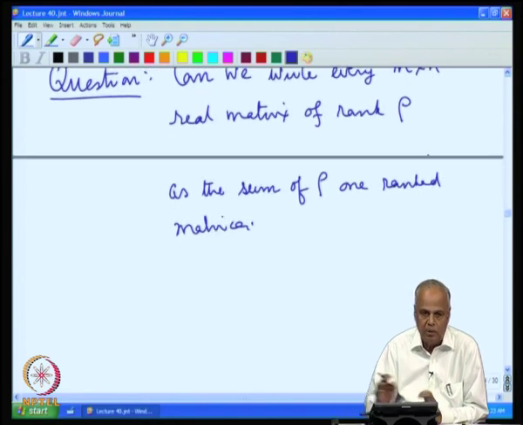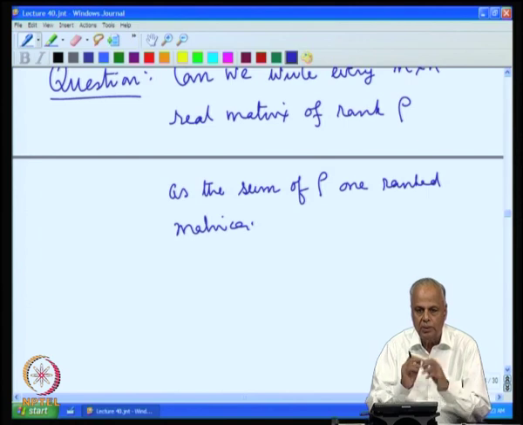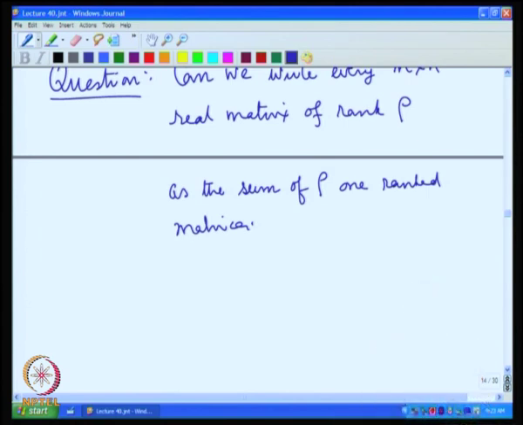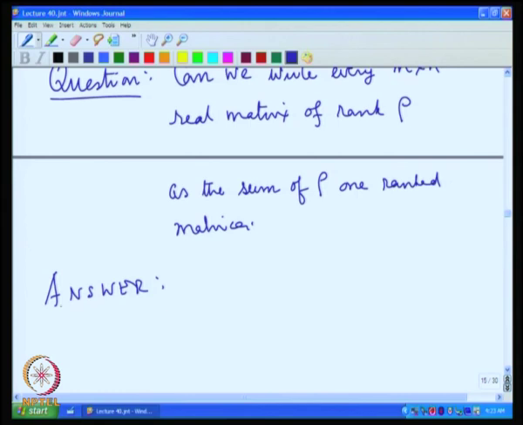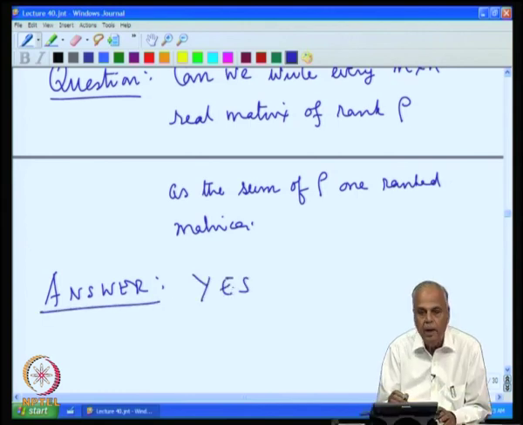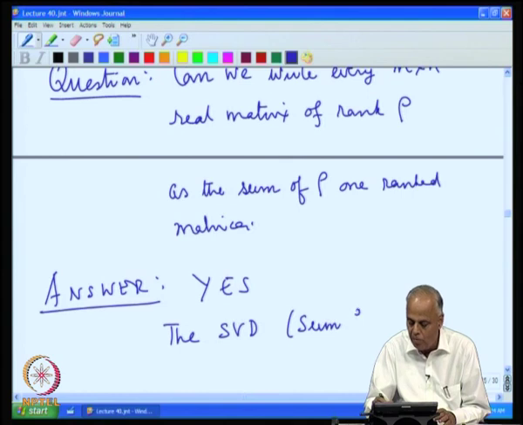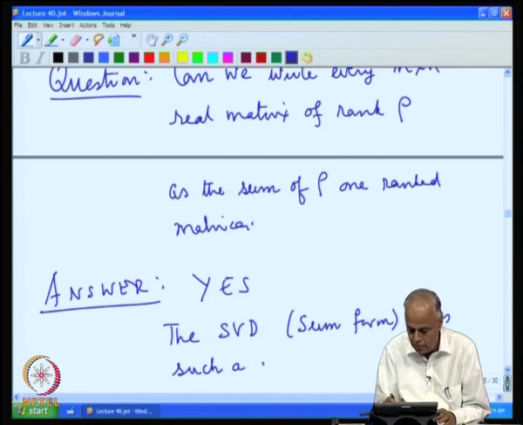This is the fundamental question of decomposing a rank rho matrix into rank 1 matrices, and the answer we got was yes. The SVD, we got the SVD in 2 formats, and the sum form of the SVD gives such a decomposition.